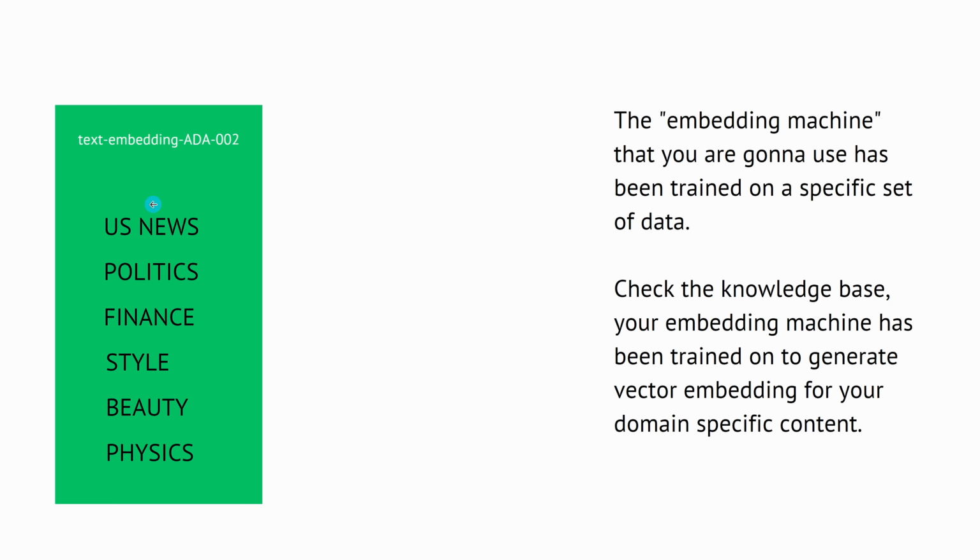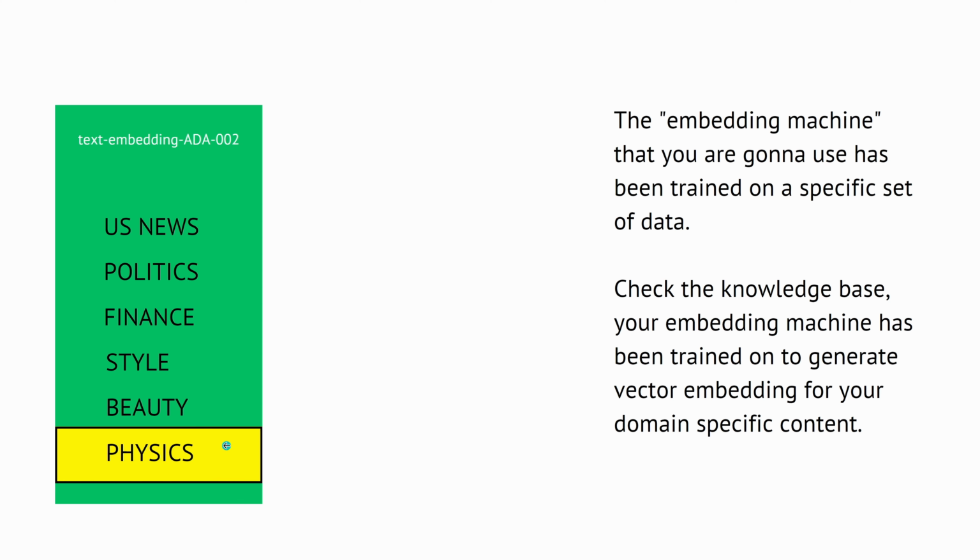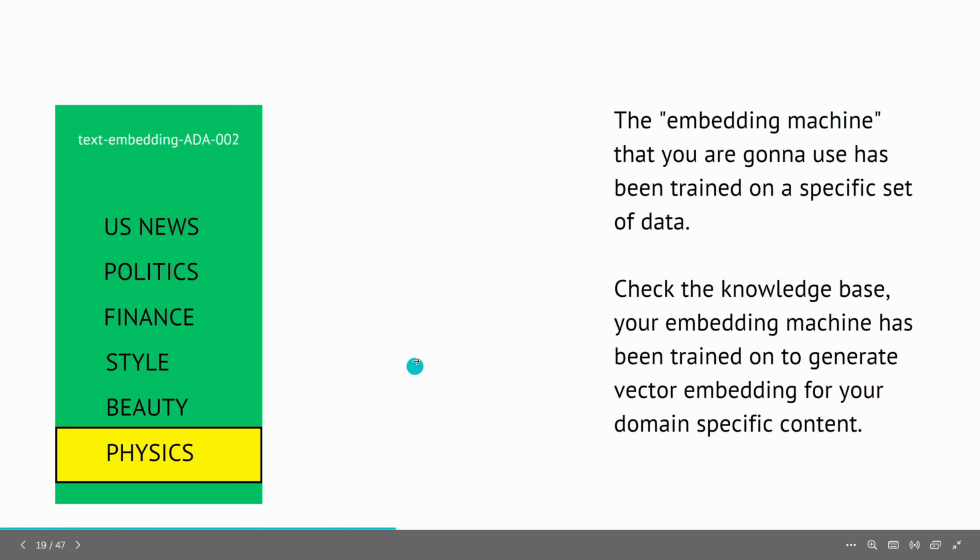So it has to include a lot of topics, news, politics, finance, lifestyle, beauty, I don't know what. And then, if we are lucky, it knows about physics because it copied more or less, hopefully, the complete internet. Now, if I have my physics question, if you say the whole embedder has a size of 100, let's say physics now has about 10% I use of the complete available space.